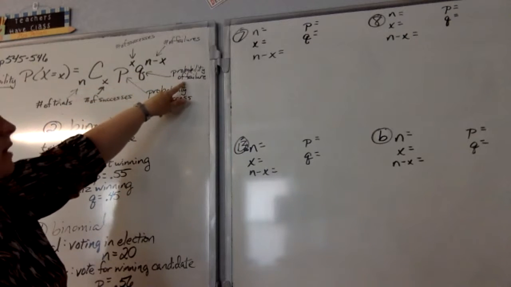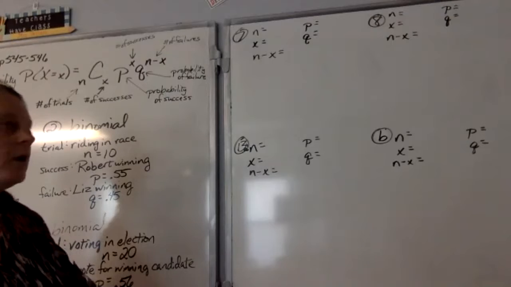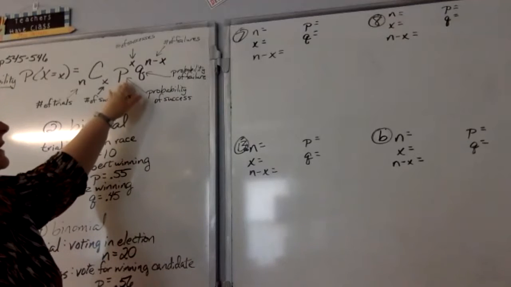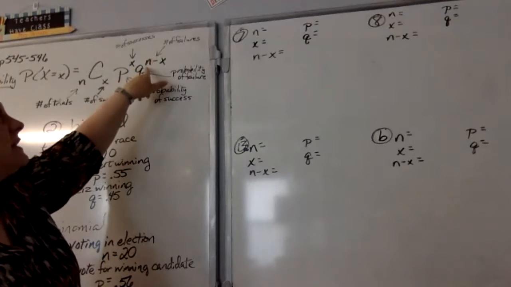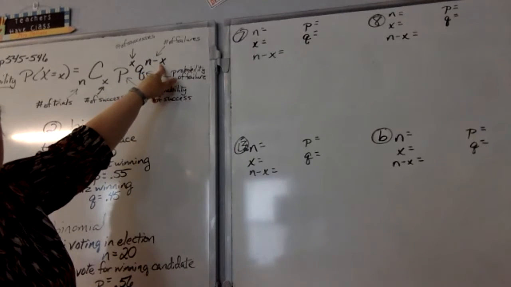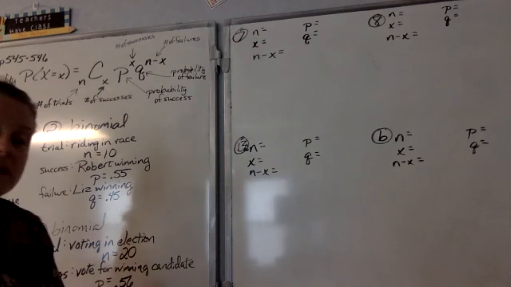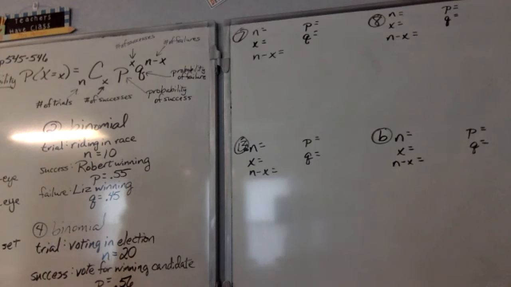Our Q is our probability of failure, which we already talked about how to find. You take 1 minus your probability of success. And then this, if I take the number of trials minus the successes, that leaves me with how many failures they're going to have. So that's our formula that we're going to use. Now, the way this works is, first of all, we got to read the situation.